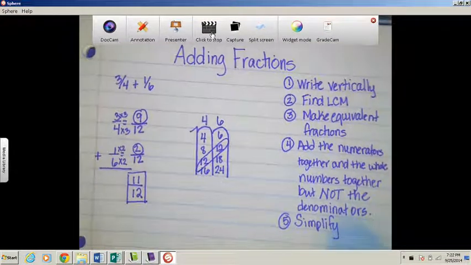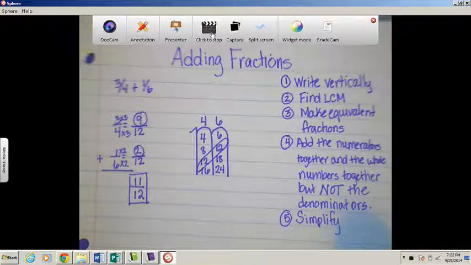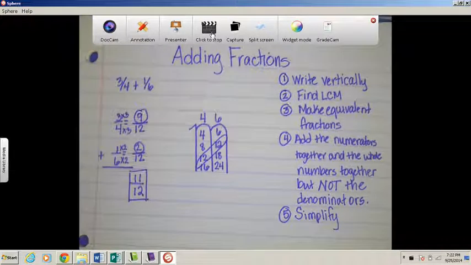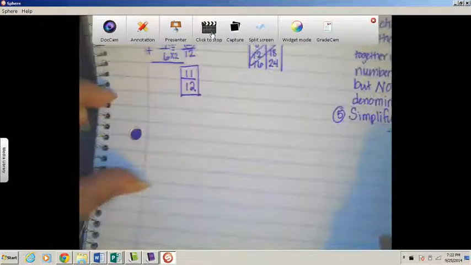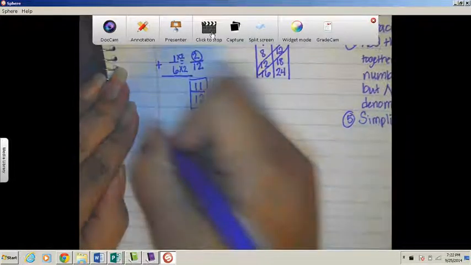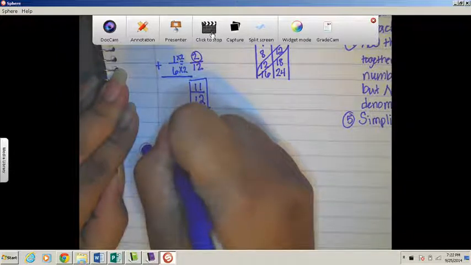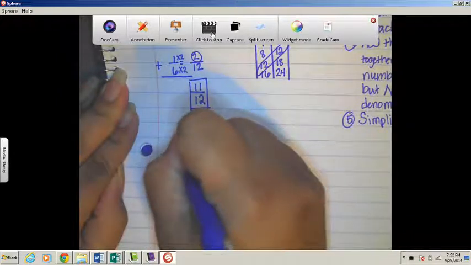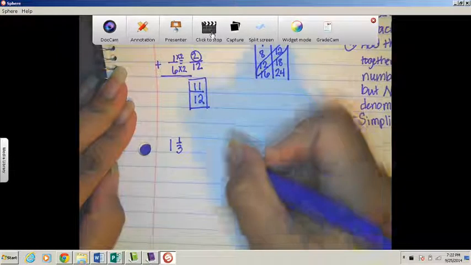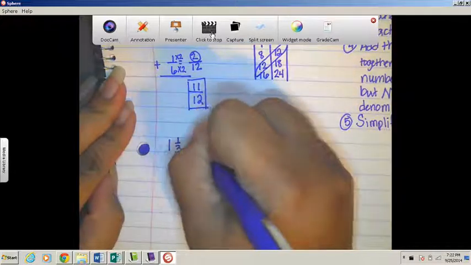Let's try another one. One and 1/3 plus 1/5.